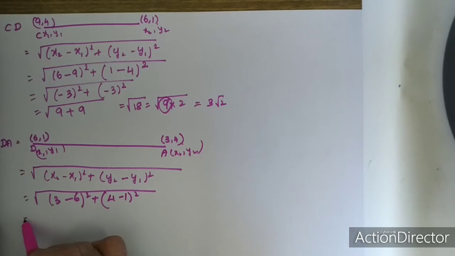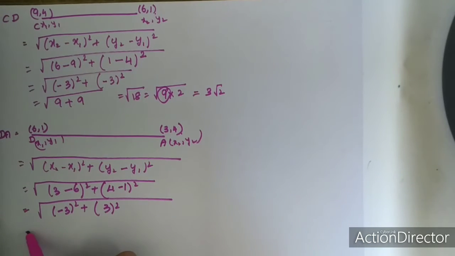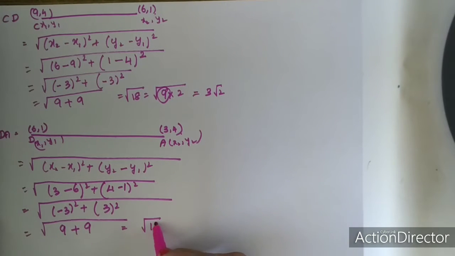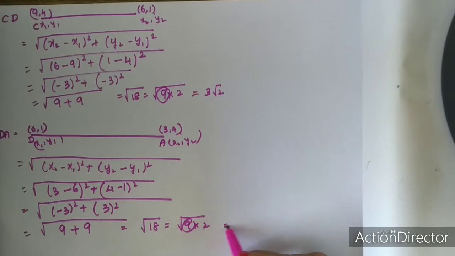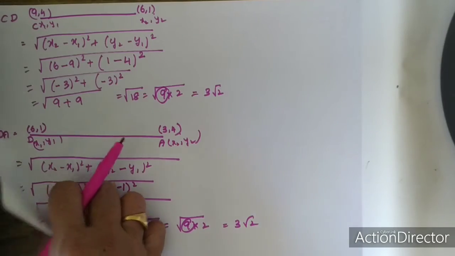So this is equal to under root of 3 minus 6 is minus 3 whole square, and 4 minus 1 is 3 whole square. So this is equal to 9 plus 9, which is equal to root 18. So root 18 is 9 into 2. Square root of 9 is 3. So my answer is 3 root 2. Now we have calculated all the four sides.